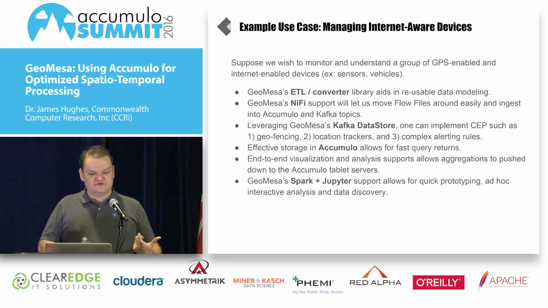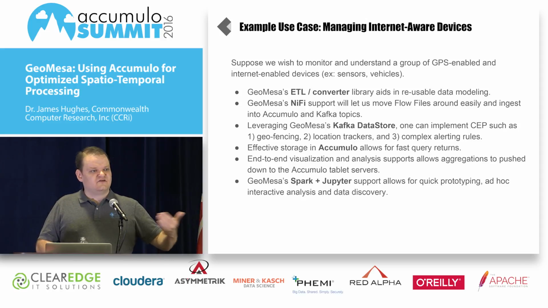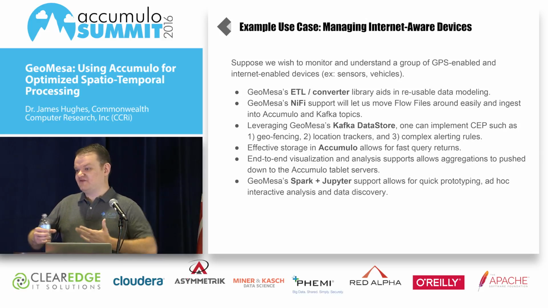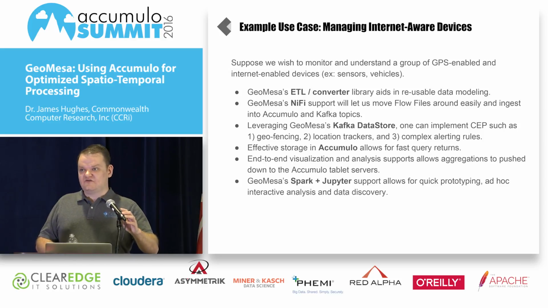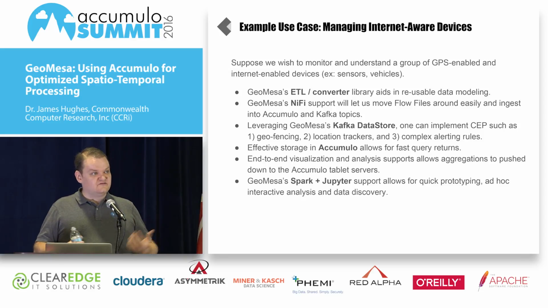One example that we can do with this easily is implement some sort of geofencing. If we were tracking something, we could see when our vehicle moved in a region, moved outside of a region, and alert appropriately. Accumulo, which we'll focus on in a minute, we're optimizing so that we've got fast query returns so that we can have interactive data analysis.